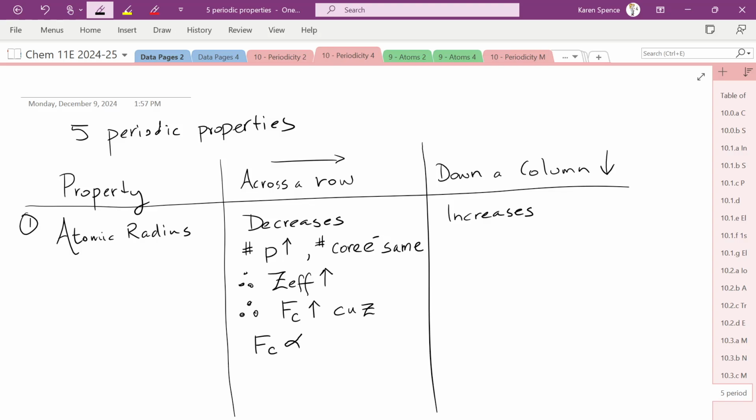Zeff increases and therefore Coulombic attraction increases, because Coulombic attraction is proportional to charge, which in this case is the Zeff. Is that good?